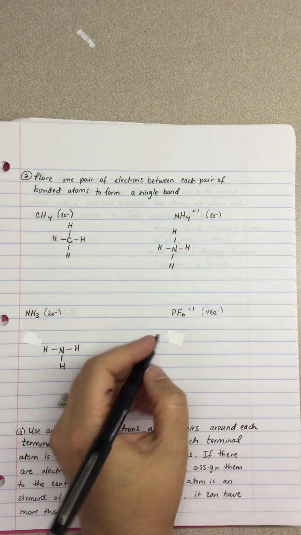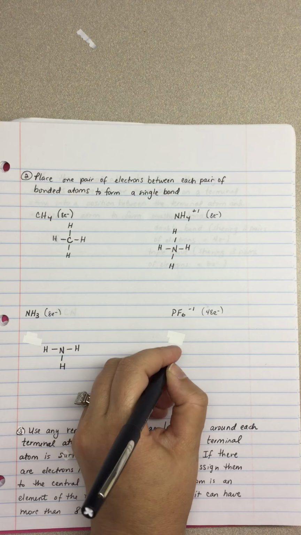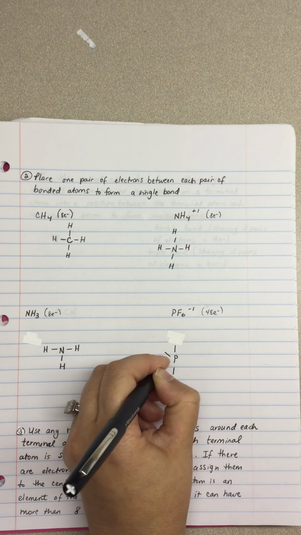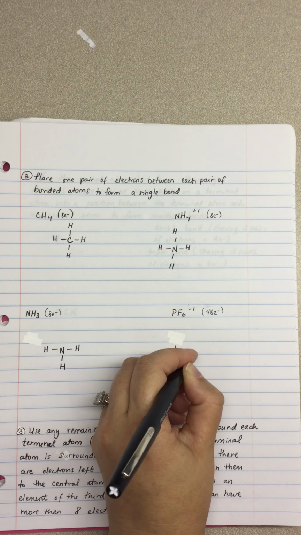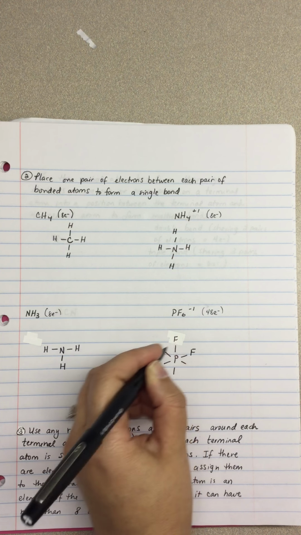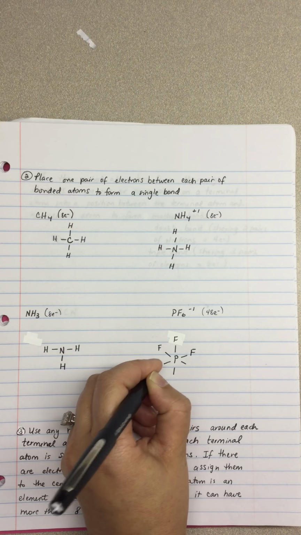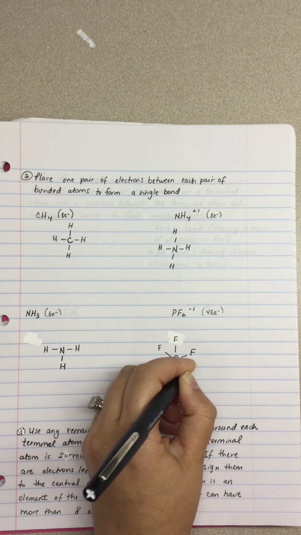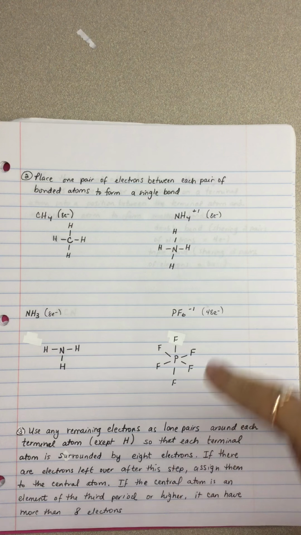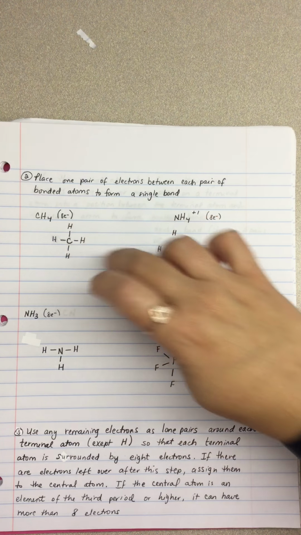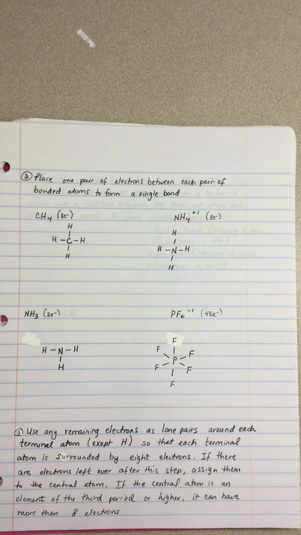And then PF6, you have 6 lines because you have 6 Fs. 1 line per every single atom that you have to connect to your central.